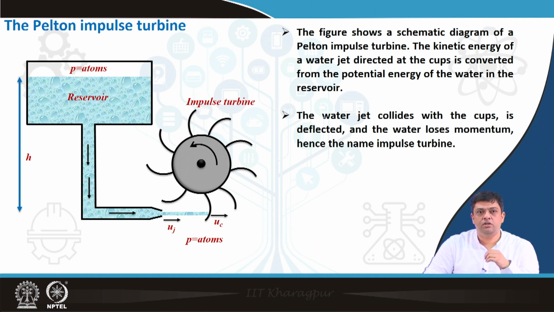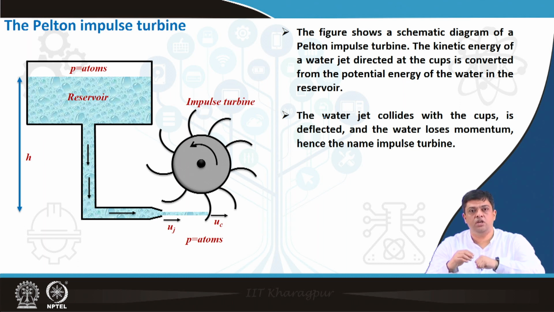In comparison, in the earlier case you had the turbine which was surrounded by water continuously, and you had two nozzles which were inducing the motion of the rotor. Then came a new design where you said, okay, let us not submerge the turbines continuously inside the water.